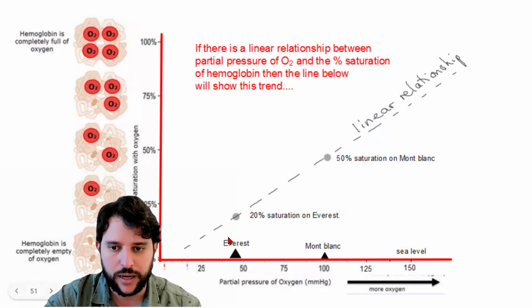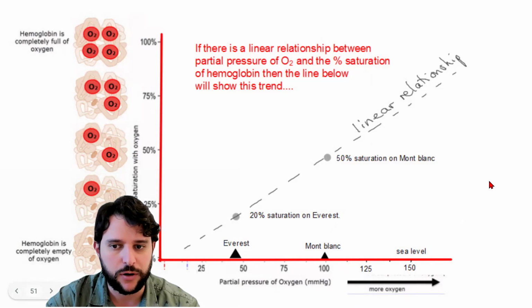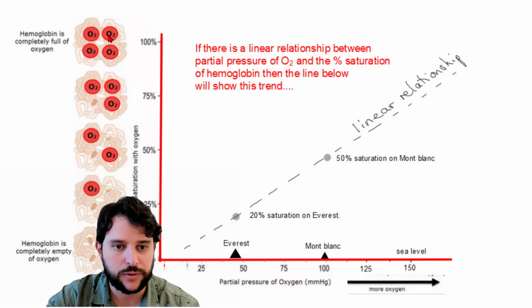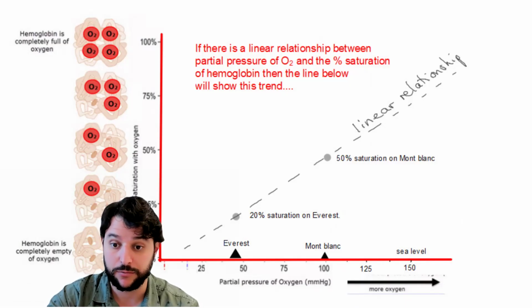And on different places, we have different concentrations of oxygen, especially as you change the height. And we have different typical saturations of hemoglobins, okay? This is why at sea level, okay, it is very easy to have your hemoglobin saturated with oxygen, all right? But as you go up, for example, on Mont Blanc or Everest, where we have less oxygen, the saturation is less likely.